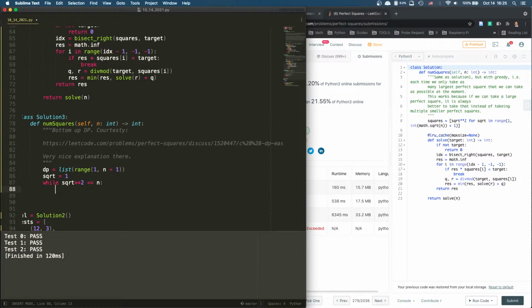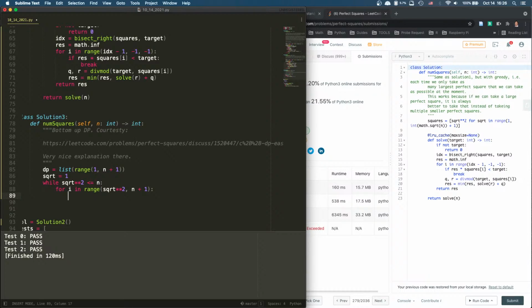If it's smaller or equal to n, then for I in range SQRT squared all the way to n plus 1, right?